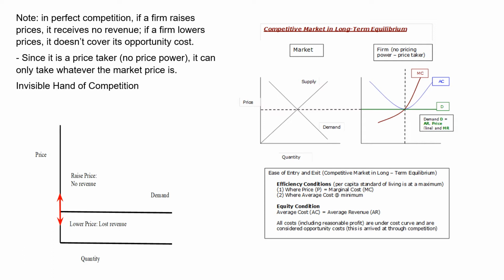And the underlying part of this is that when we talk about the invisible hand of competition, this is why it works so well in perfect competition. The invisible hand of competition is what? If you are a supplier, a firm, and you want to stay in business, you have to be competitive with your other competitors. You can't raise prices. You raise prices, especially in perfect competition, you're not going to sell any of the product that you want to sell.